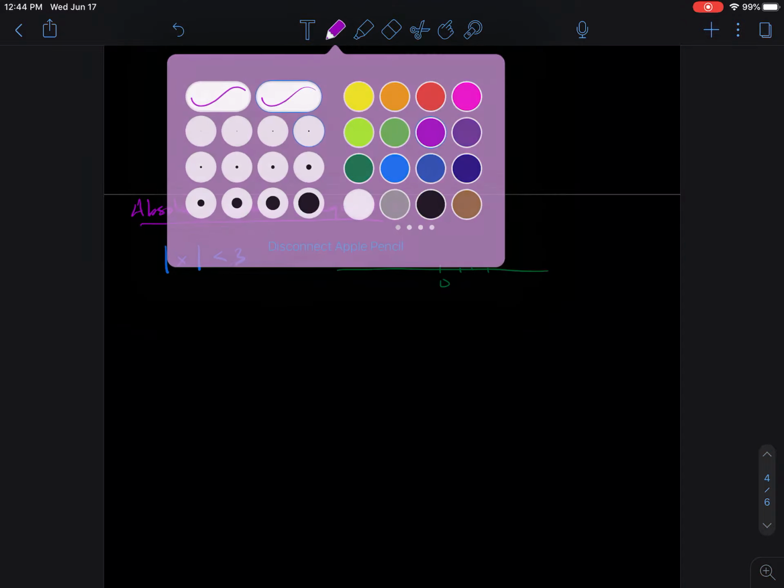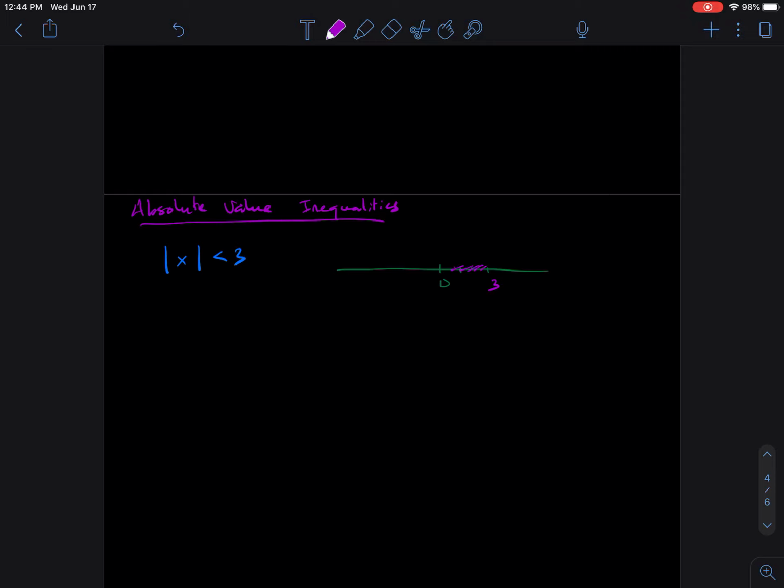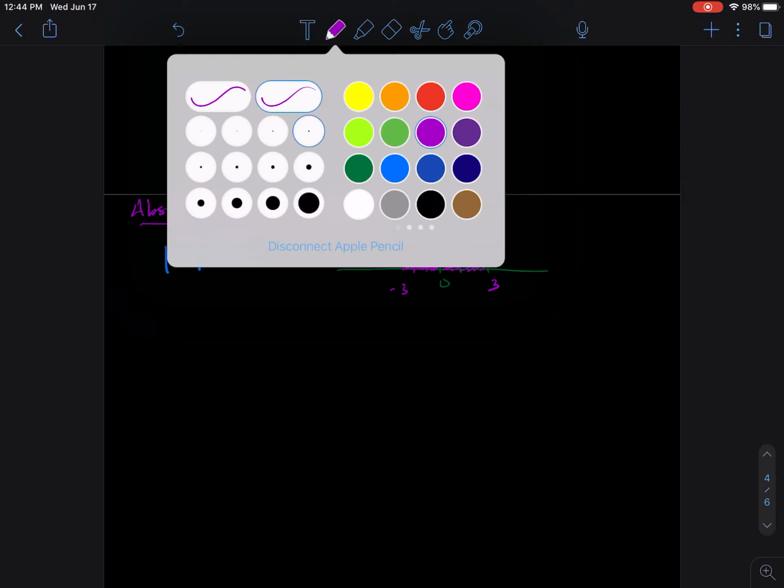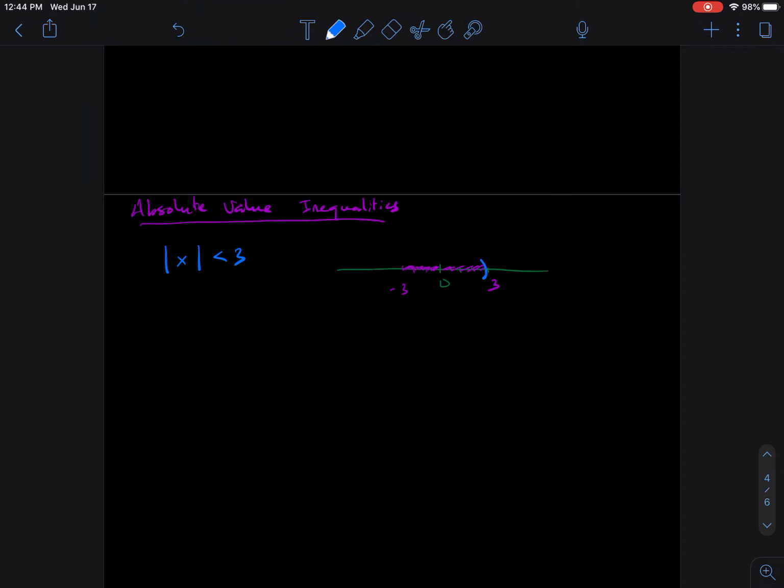Here's 3, so all these numbers will satisfy that. Or if we talk about distance, we can go in the left direction, all these numbers here as well. But we can't have 3 and negative 3 being part of that answer because we want that to be strictly less than 3. So here's where x lies, either there or there.